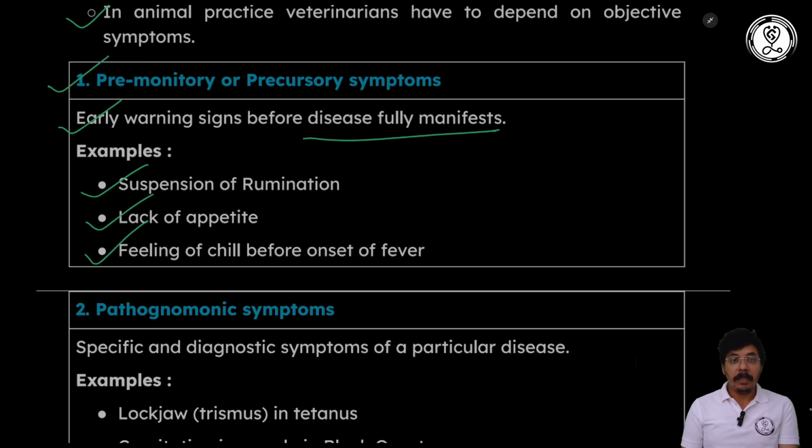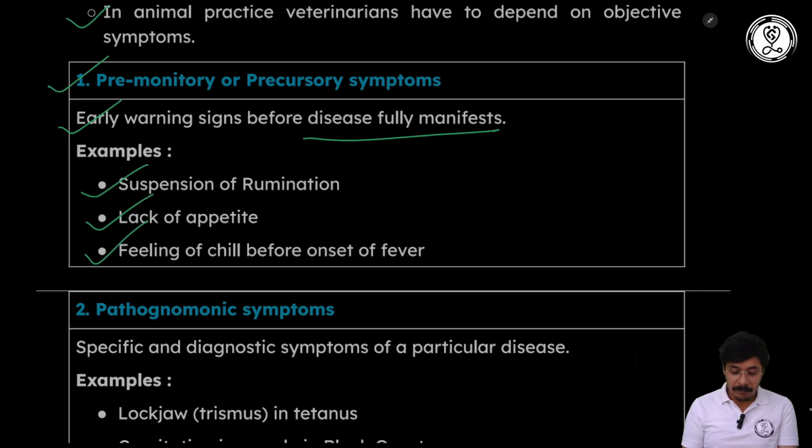So when we talk about premonitory or precursory symptoms, the symptoms only denote the warning. The disease is not set up yet, but there are warning signs showing that in the coming future the disease may manifest. So only the premonitory or precursory symptoms are the warning ones.